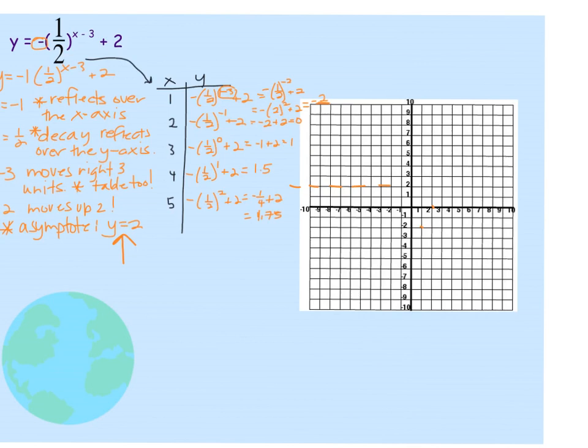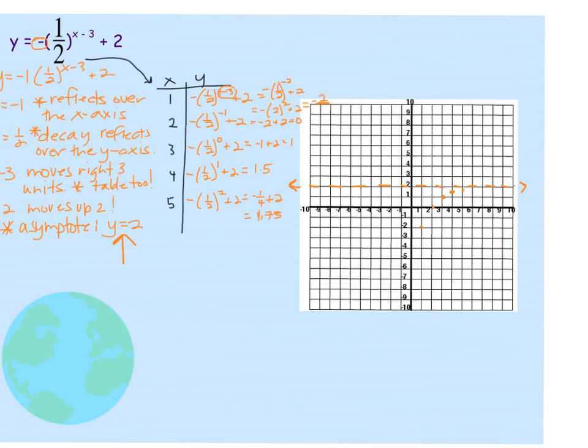I blame it on daylight savings time. I'm doing this on Sunday, and I'm just not quite used to that time change. So we'll go with that. Okay, so we had 2, 0 we plotted. 3, 1. So we're starting to turn a little bit here. 4, 1.5. So notice how we're getting close to that asymptote. Our rule still applies when we translate that up and down. At 5, we're at 1.75. So we're getting up there really close.